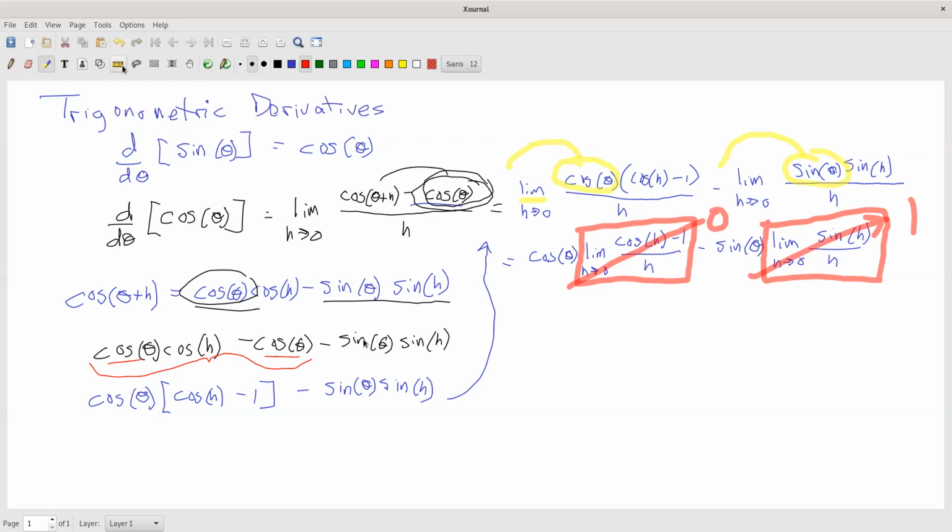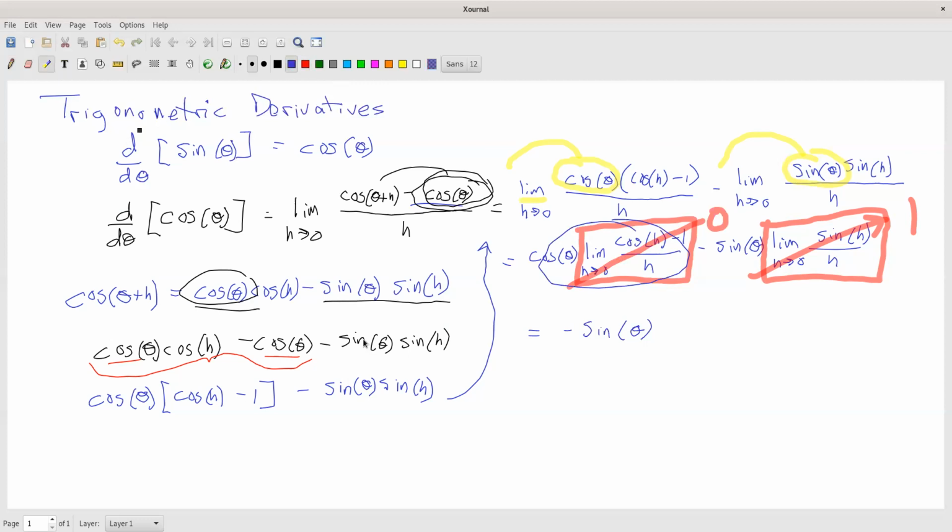So based on those prior limits, we have cosine of theta times 0. So that whole part right here is gone. That's a big 0 there. And then we have the negative sine of theta times 1. And so we're done. We get negative sine of theta. So two big important rules, and based on those, we can do all other trig functions.